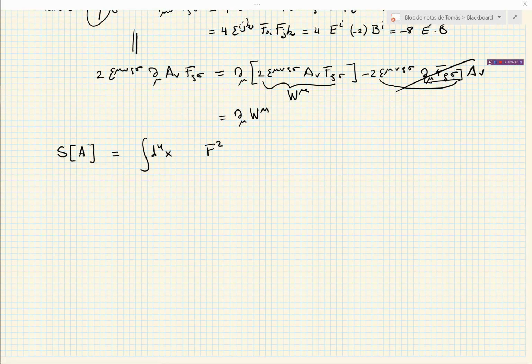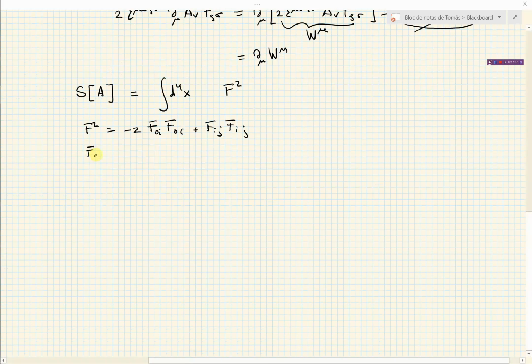I will profit from the decomposition that we found before. So this is just f_0i plus f_ij, once I put all the indices down, and f_0i by definition is partial_0 a_i minus partial_i a_0.